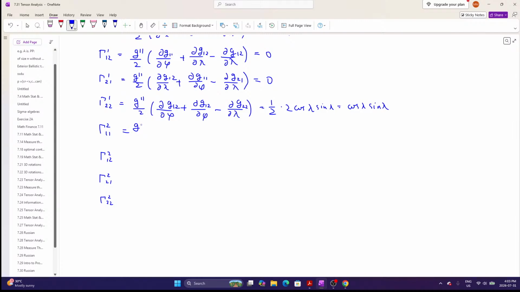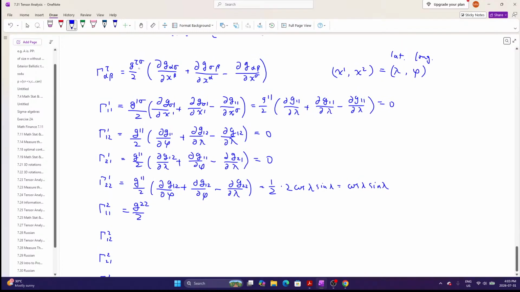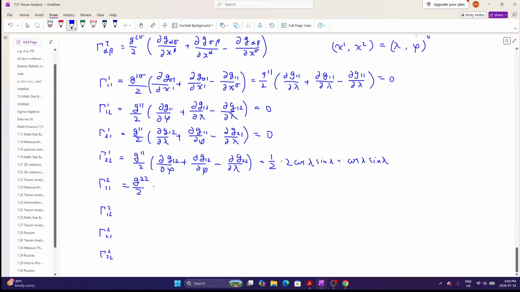Okay, G2. So you need a 2 on top because of this symbol. But once again, because G is symmetric, only sigma is 2 matters here. So now you have dg over d something plus dg over d something minus dg over d something.